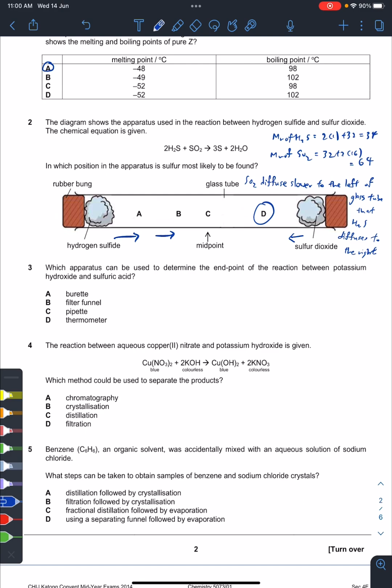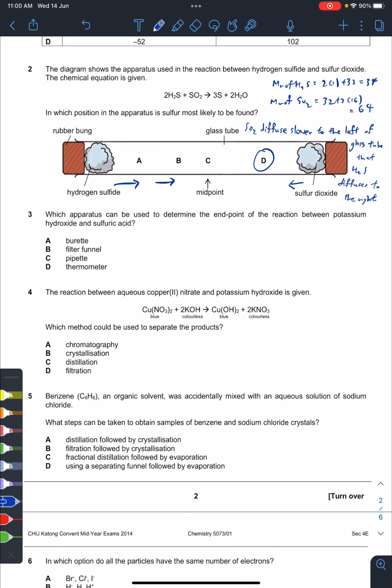Okay, question 3 is a little bit challenging. Burette and pipette are essentially things we use to measure volume, which is, idea-wise, similar to a measuring cylinder, to measure a volume.